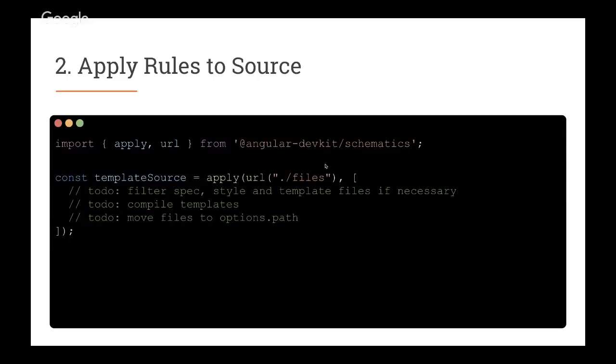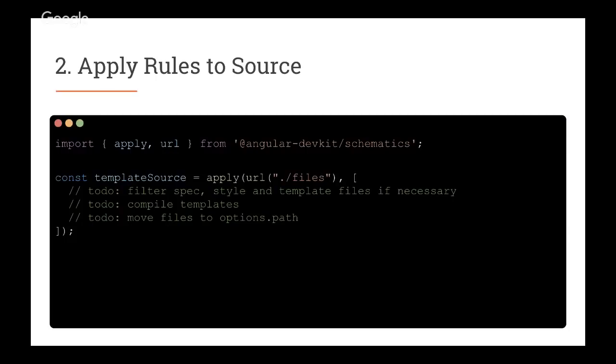This is where you could customize it if you don't call that directory files. Using that URL, we're going to pass it into apply. What apply is going to do is apply a series of operations to the templates in that directory. That's why we've got an array, because each of those is a step that gets applied.